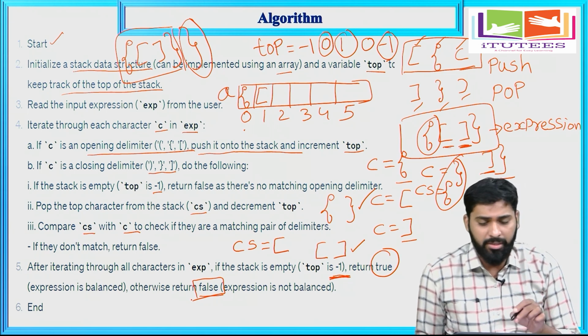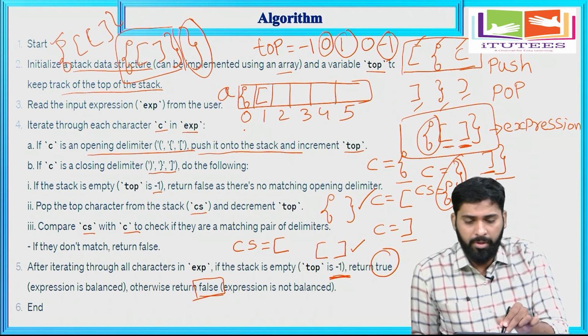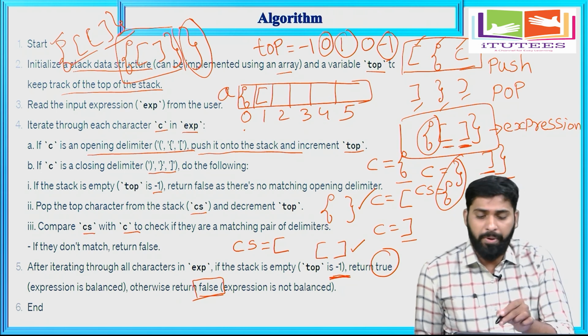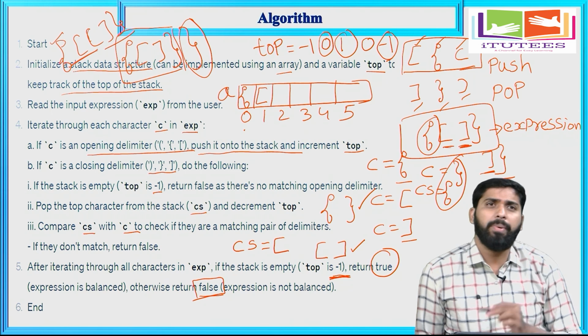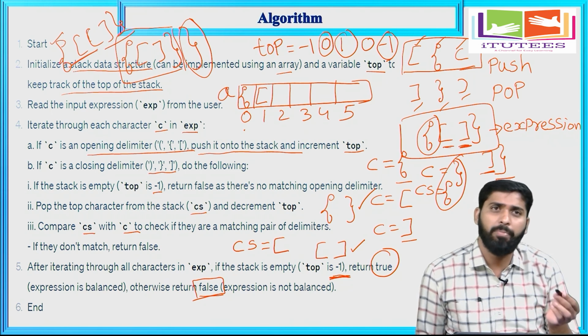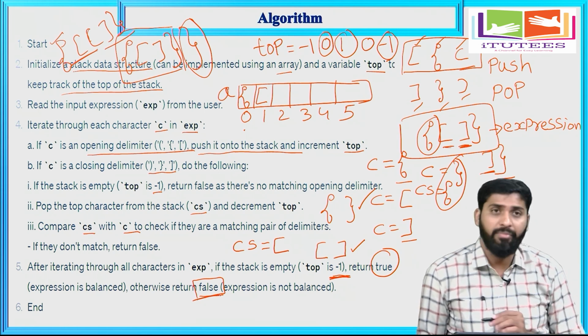And another case is if the opening brackets are like this. So closing are 2 brackets, opening are 3 brackets. Now the top value equals maybe 0. In this case, top should equal -1 for balanced delimiters. So in this case also it returns false.